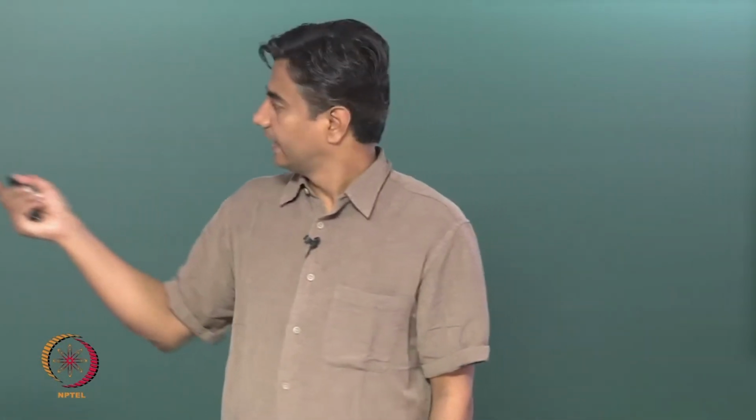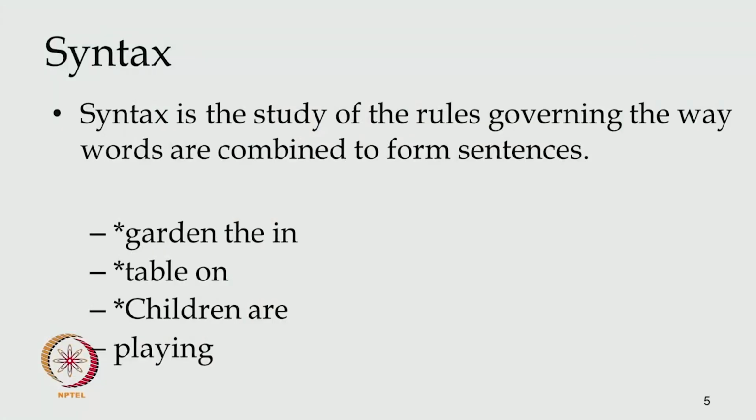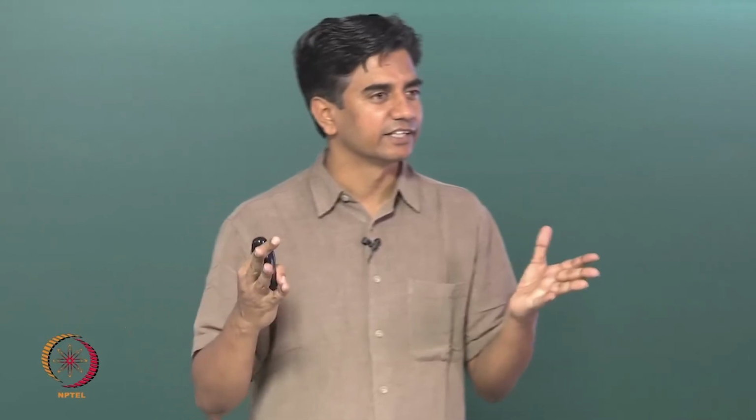Any question, any difficulty? And the same applies in the rest of the examples too, right? This is one sentence, right? Fragments of one sentence, and it's not a complicated sentence, all of us know this sentence. How do we put it so that the sentence will be grammatical? Children are playing on the table in the garden. Children are playing on the table in the garden, right? This sentence may not be a great sentence.